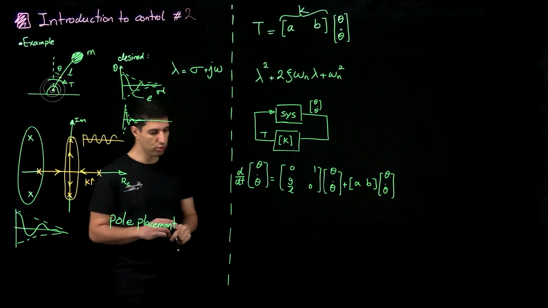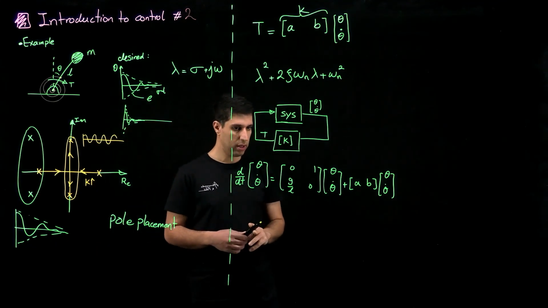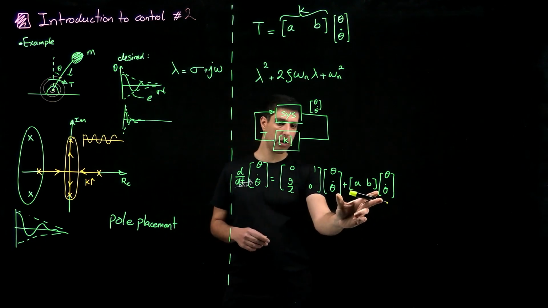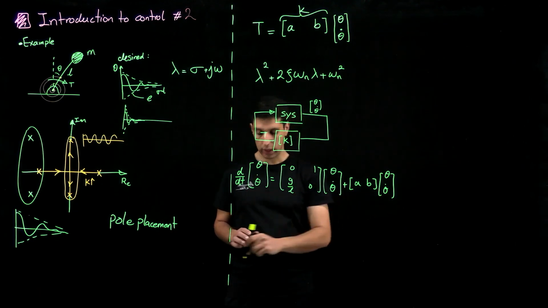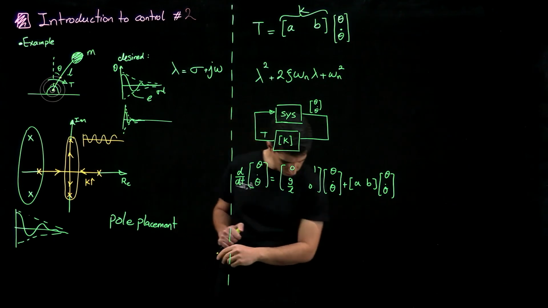This is my new system equation. And I can factor out, wait a second. That's not good. What do I want to write?